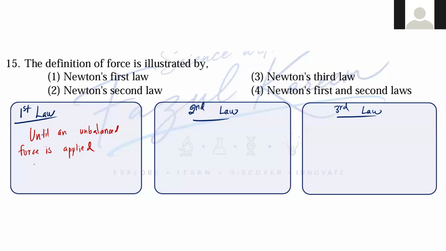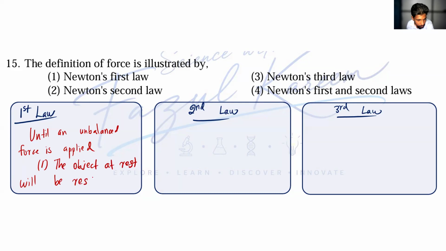Very good. We'll break that into two parts. First part: the object at rest will be at rest. Second one, we are going to divide into two, right? The object in motion.